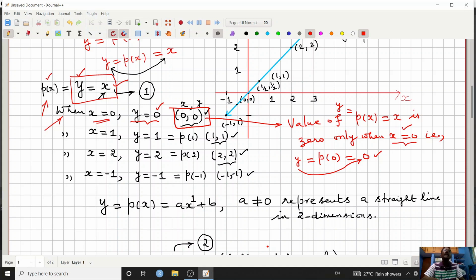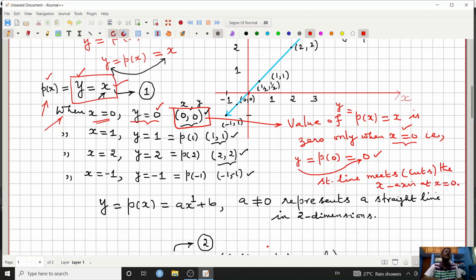That means the straight line meets the x-axis. The geometrical meaning is that the straight line meets or cuts the x-axis at x is equal to 0.